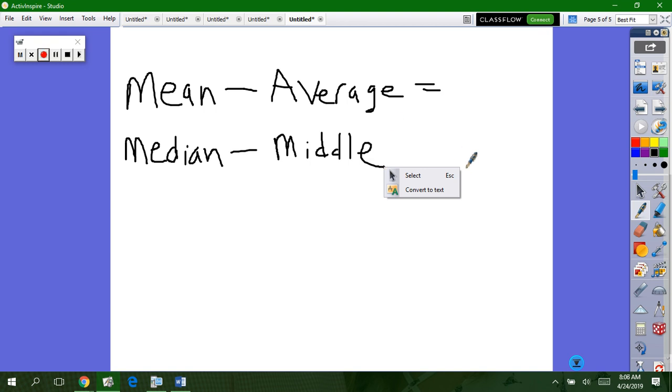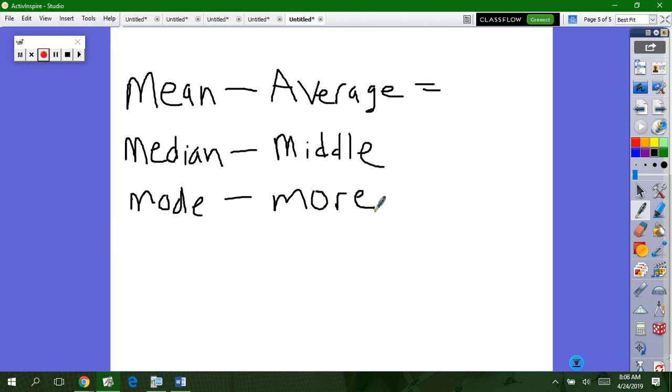Our calculator is going to tell us every single one of these things except for the mode. The mode you're going to have to look at yourself. So the mode, how I remember, is the one with the most. I changed the D to an R, so more. Does that make sense? Now, there are some different ideas out there.